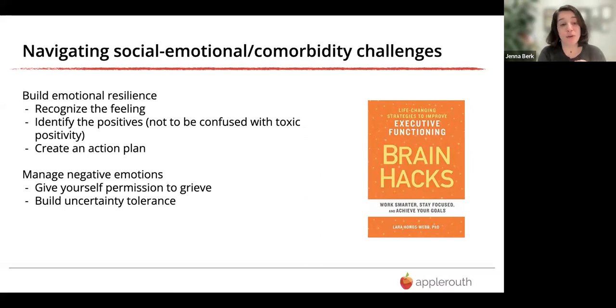It's also really important to build emotional resilience. And this is not to be confused with toxic positivity, right? Like if you audition for the school play and you don't get in, that stinks. And I'm not going to pretend that it doesn't. That is a really awful feeling. You put yourself out there, you feel embarrassed, you feel sad because all your friends get to be in the play and you don't.